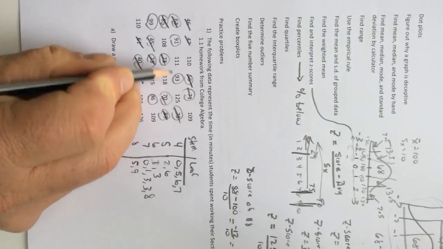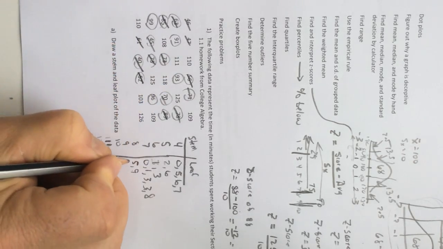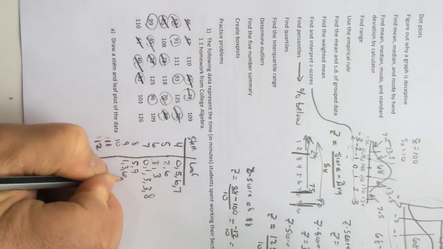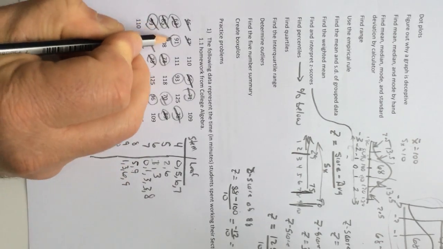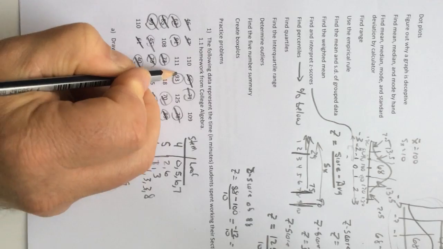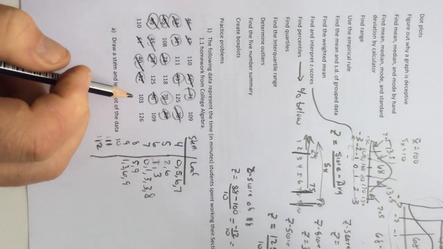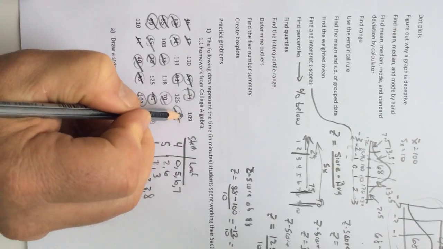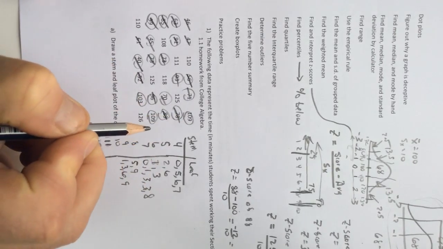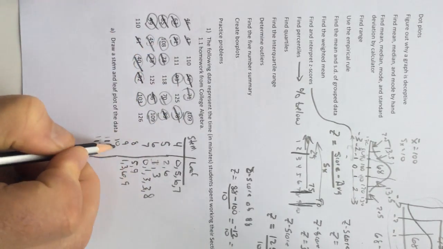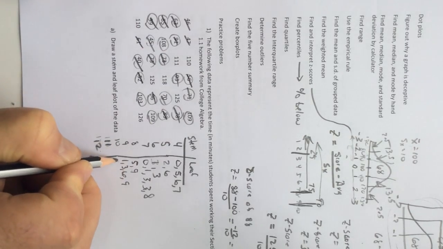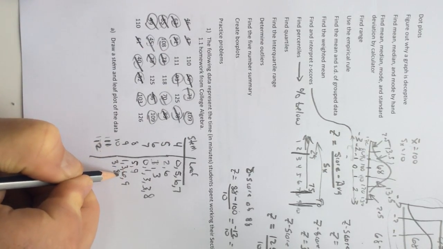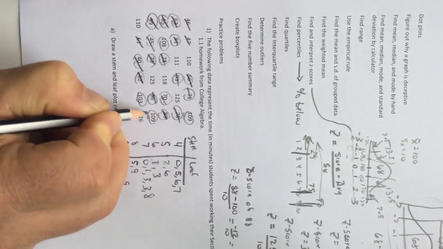So 91, 93, 96, and 99. Hundreds. 103, 109, 109, 108. So we have 103, we have 108, we have 109 and 109.